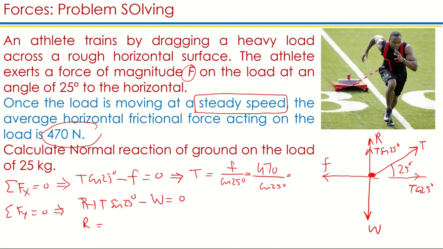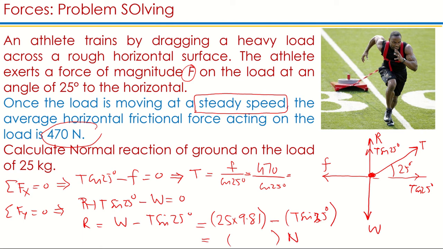So R is equal to W minus T sine 25. Here you are not asked to find T actually, but to find the value of R we need T. So we found first the value of T. W is 25 multiplied with 9.81 minus T sine 25. So put the values and get the answer in Newton.